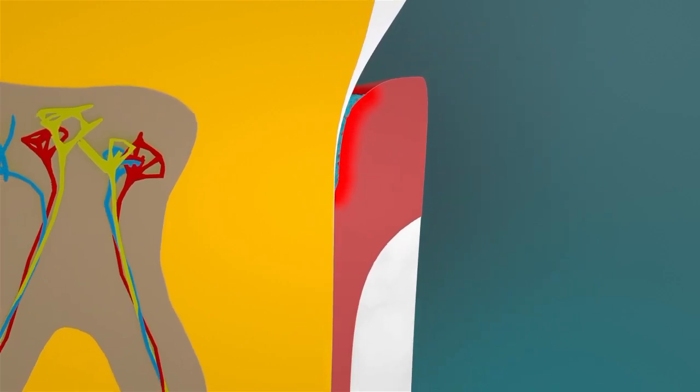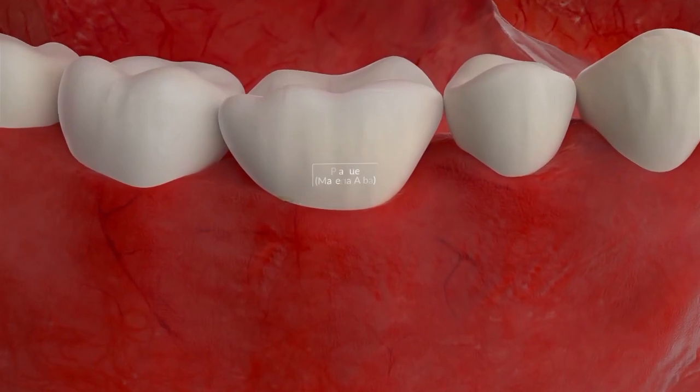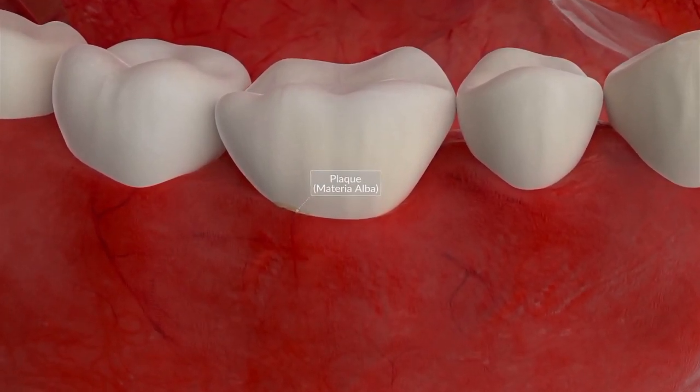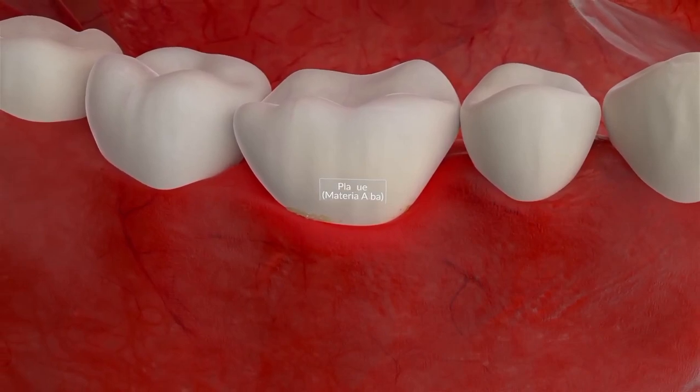Gum pockets develop. Because bacteria enter the bloodstream, the inflammatory processes also lead to the breakdown of bone tissue. Since the gums are supported by the bone tissue, they follow it. The bone is broken down and the gums recede.